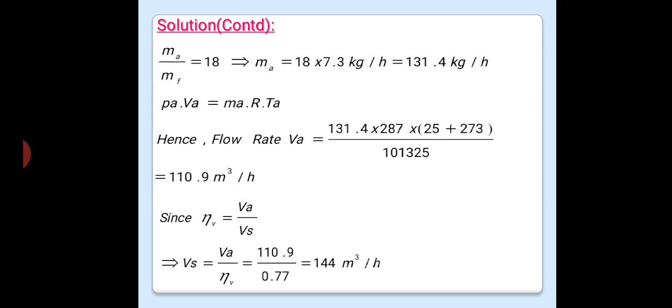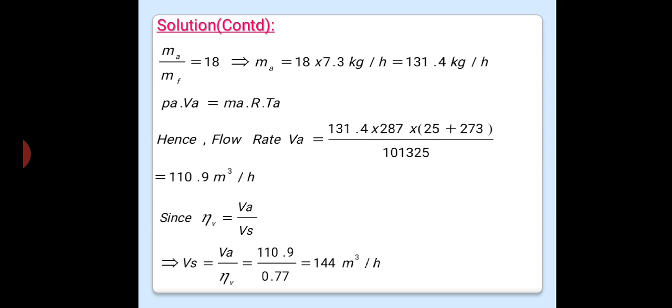In this formula, we have calculated the mass of air. They have given the value of R. They have given the atmospheric temperature. Also, we know the density they have given, and pressure is also mentioned. So after substituting the values, we got the volume 110.9 meter cube per hour.